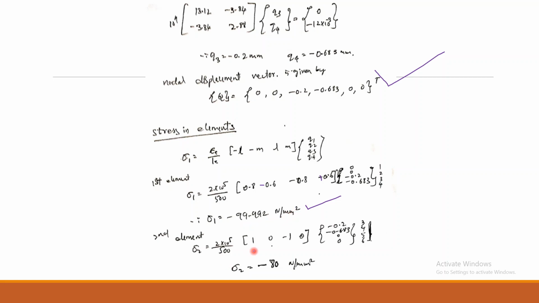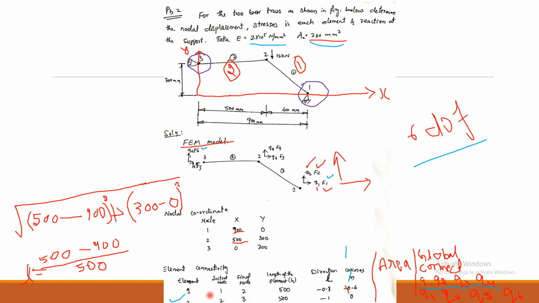And for the second element, 2 into 10 raised to 5 divided by 500. Once again you go back to the table and look at the value of Young's modulus, which is 2 into 10 raised to 5. What is the value of length? Direction cosines for element 2: L is minus 1, M is 0.